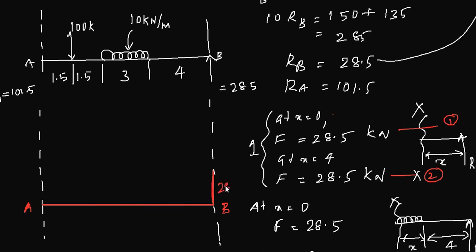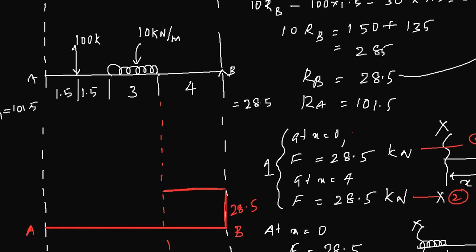The magnitude is 28.5, and at the second point you have the same force. So until the point 4 meter you have the same force, so there is no change whatsoever.